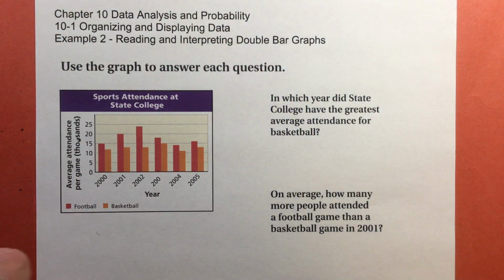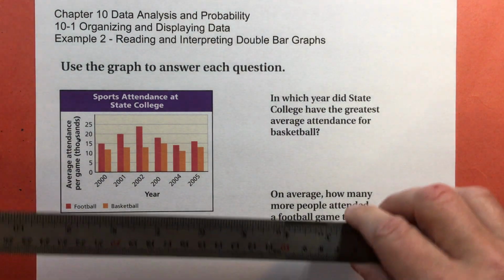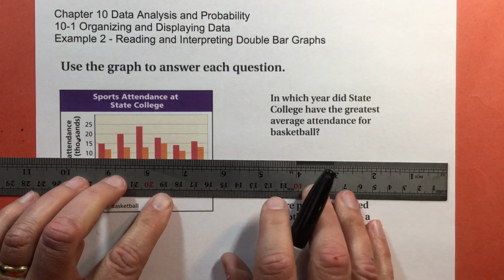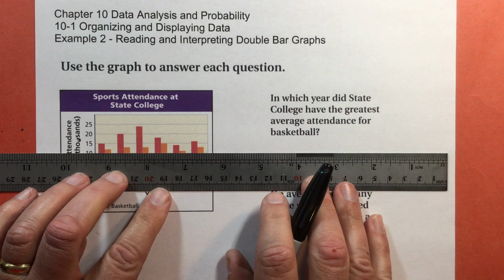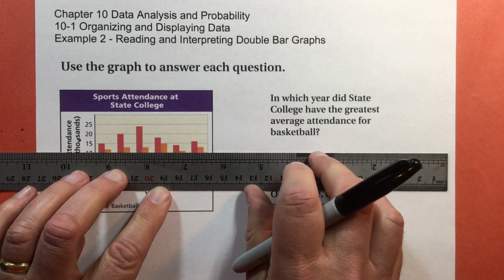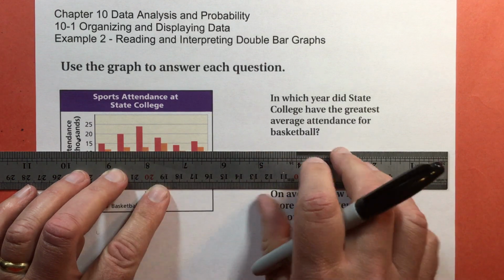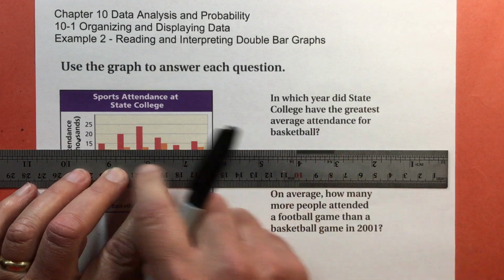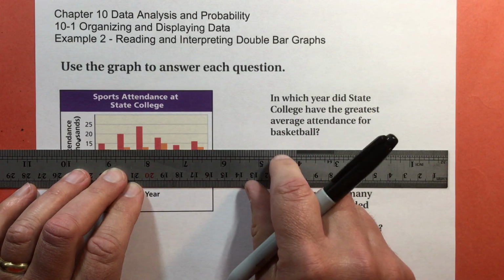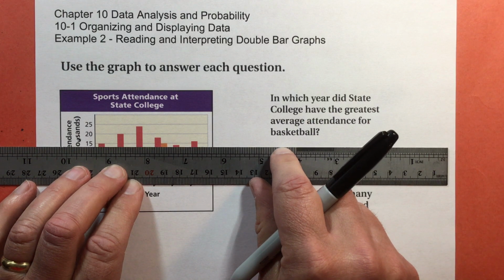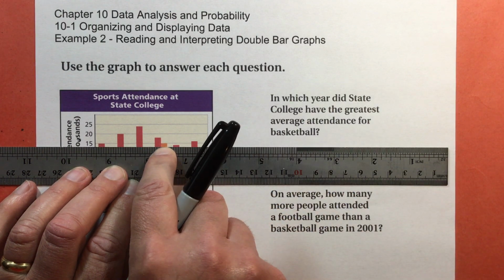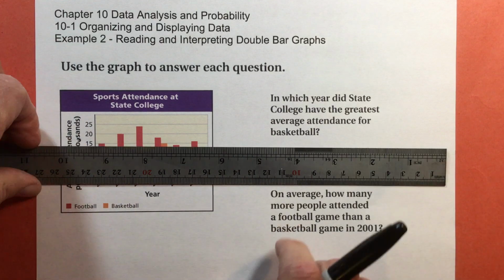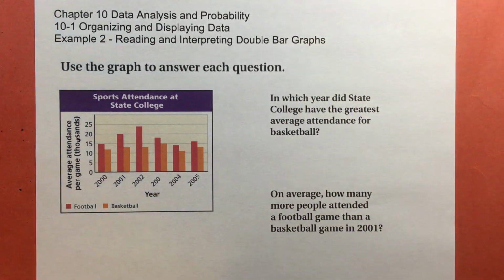So if I kind of look at it, I'm going to grab a ruler real quick just to make it a little bit easier. Had to reach over for it. If I take my ruler here, I can see that one looks like it's low. That one looks like it's the next lowest. This one and that one look like they're all kind of low. So if I keep going up, the last one to stay, the highest one, is this one right here, which is in the year 2003.